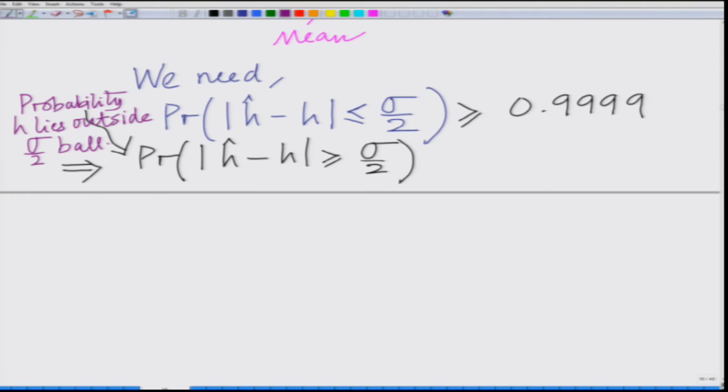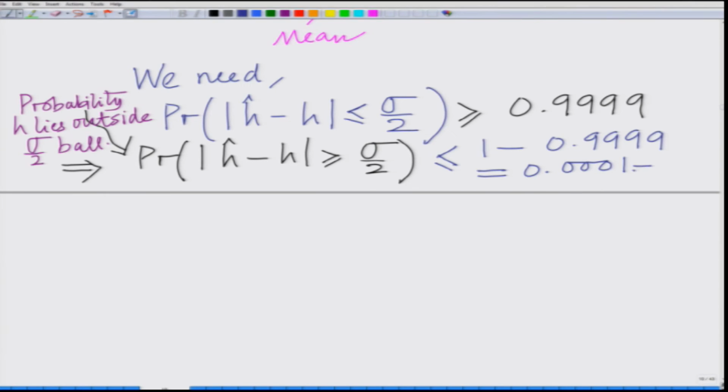Naturally, if magnitude h hat minus h is less than or equal to sigma by 2, it lies inside the sigma by 2 ball, and if it is greater than or equal to sigma by 2, it lies outside. So, the probability it lies inside is greater than or equal to 0.9999. It means that the probability it lies outside has to be less than or equal to 1 minus 0.9999, which is equal to 0.0001.